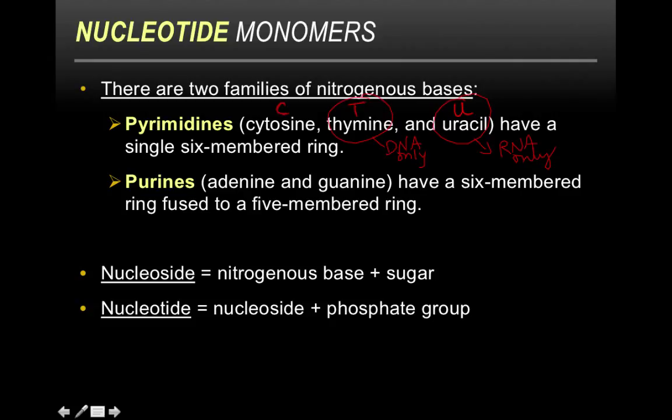And the purine bases have two rings, a six-membered ring and a five-membered ring. And these larger bases include adenine and guanine. Cytosine, adenine, and guanine are found in both DNA and RNA.